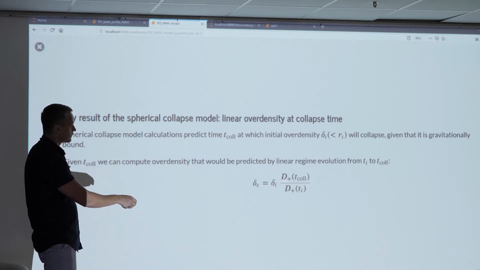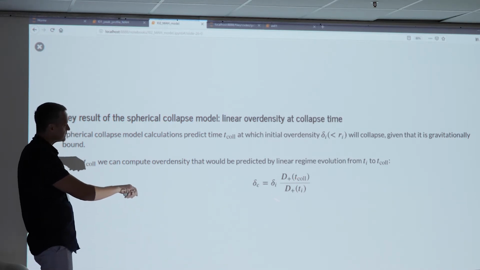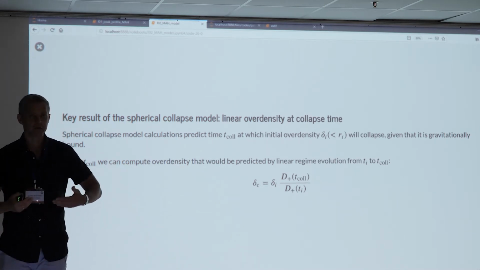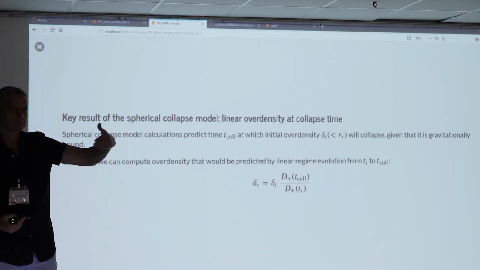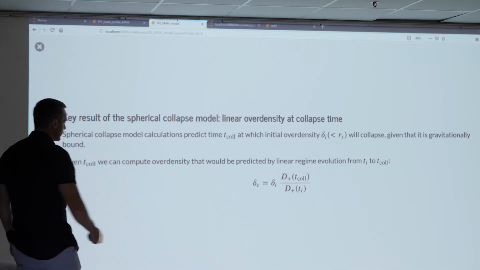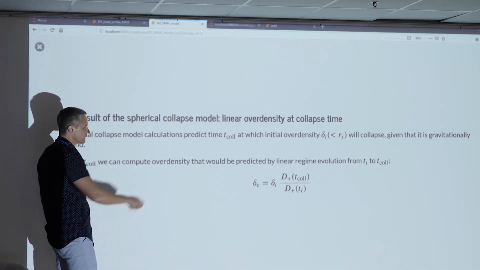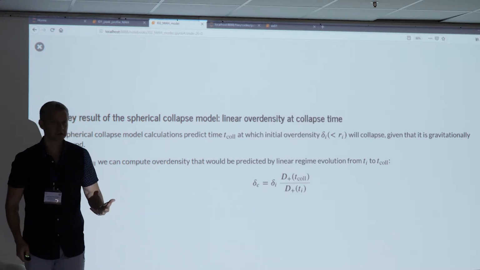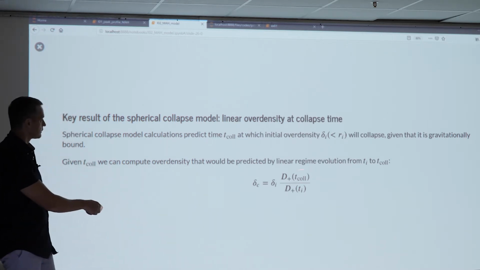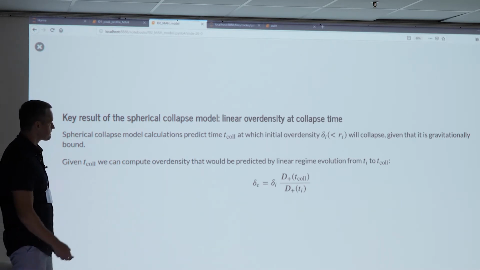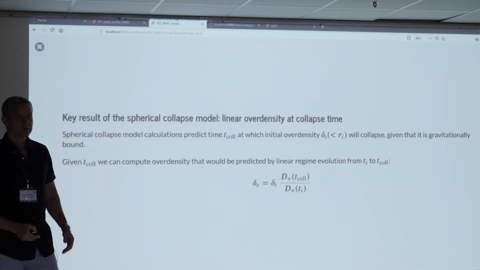And then if we multiply it by the growth factor at the time of collapse, this whole expression becomes the linearly extrapolated over density at the collapse time from that initial one. When this factor is equal to the critical delta, according to this model, the perturbation is collapsing. It corresponds to the collapse time, T-collapse. Yeah? Is it clear?